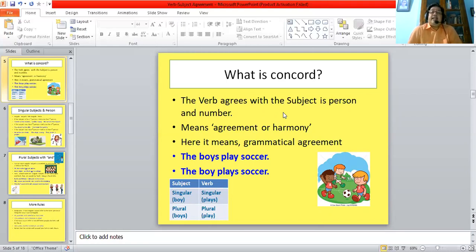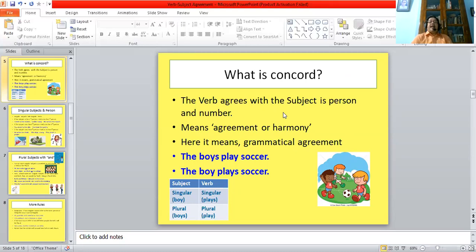Now, should we say the boy plays or the boy play? It's a singular subject. So since it is a singular subject, it will take correspondingly a singular verb. The singular verb is plays. The plural form of the verb is play.